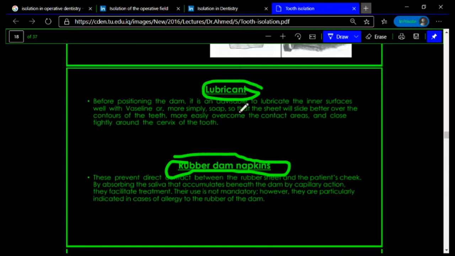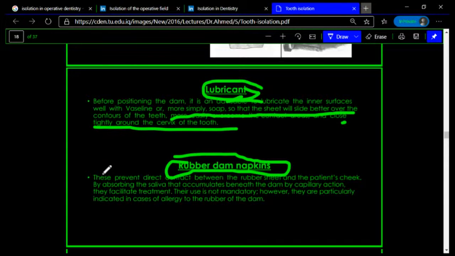Before positioning the dam, it is advantageous to lubricate the inner surfaces well with Vaseline or, more simply, soap, so that the sheet will slide better over the contours of the teeth, more easily overcoming the contact area and closing tightly around the cervix of the teeth.